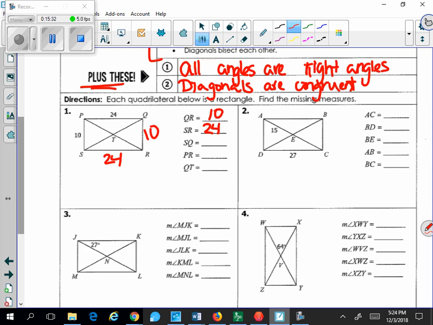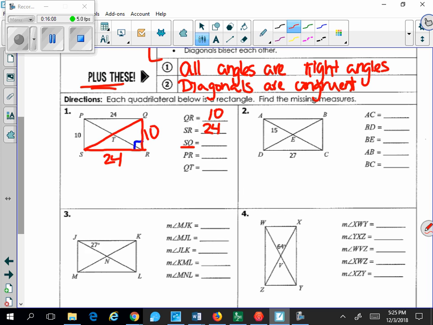Where it gets a little bit trickier is that it's not immediately apparent what SQ is. SQ is one of those diagonals. But remember, one of the things that they told me is that that's a right angle. What I have in there is a right triangle where I know two sides and I need to find the third one, being that diagonal.